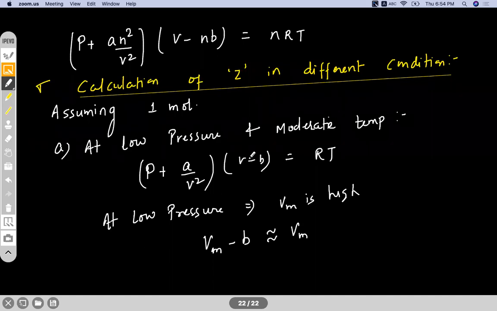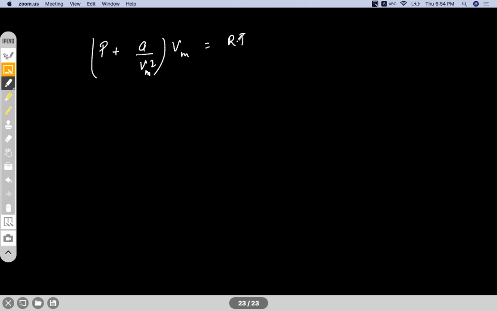Now we substitute this here, and we get (P + a/Vm²) Vm = RT. We need to find out Z, so we'll multiply Vm here. So it is PVm + a/Vm = RT. We'll divide by RT on both sides.